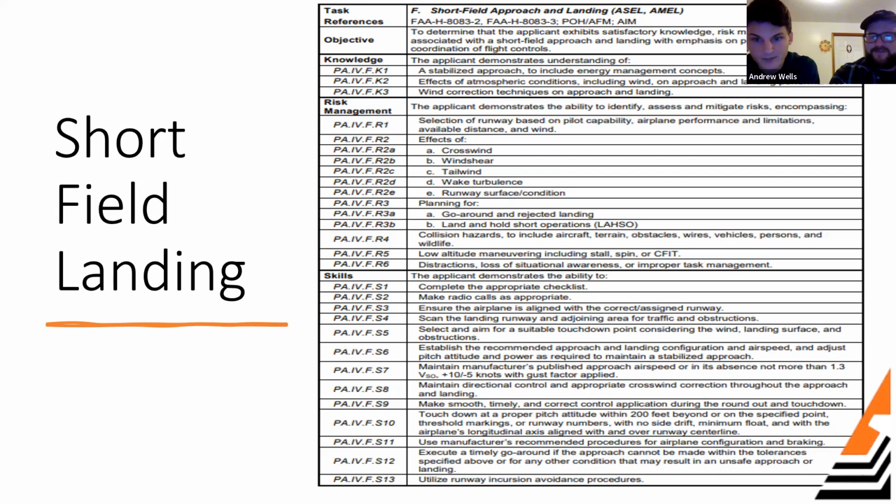I think it's important to note that the ACS doesn't want you to land before your point. They want that accuracy of landing on or a little bit beyond, 200 feet beyond. Because otherwise, if you're landing before, if it's a real short field, you're not landing on that runway.